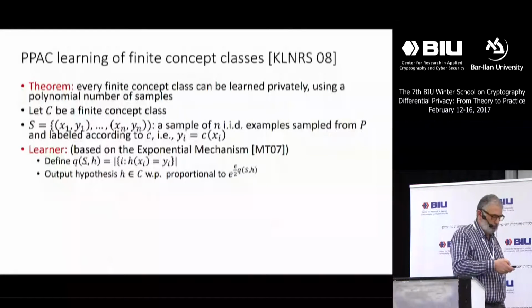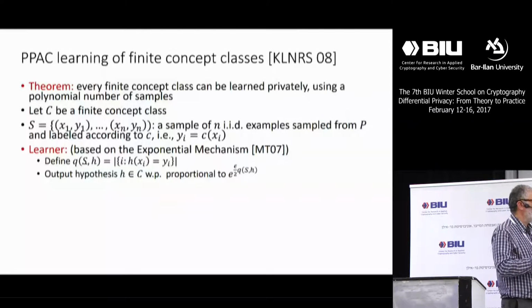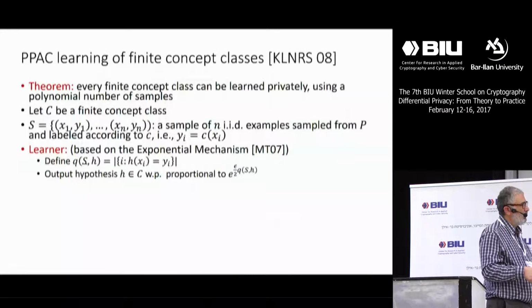Okay? So we define the score function that takes a data set and a hypothesis to be the number of points on which the hypothesis gives the correct label, okay? And the algorithm uses the exponential mechanism to output hypothesis H with probability that is proportional to this.